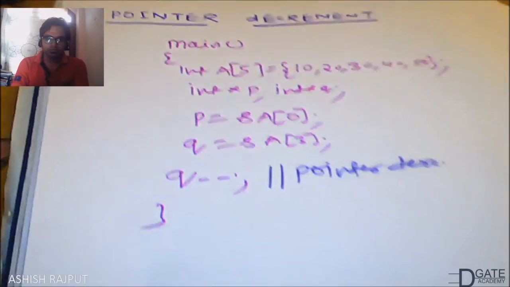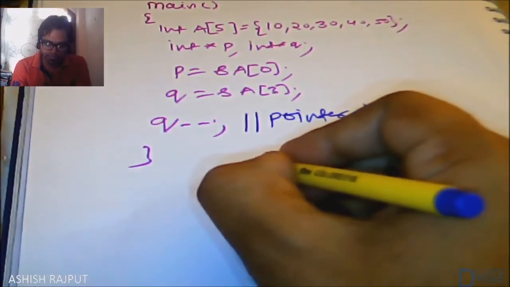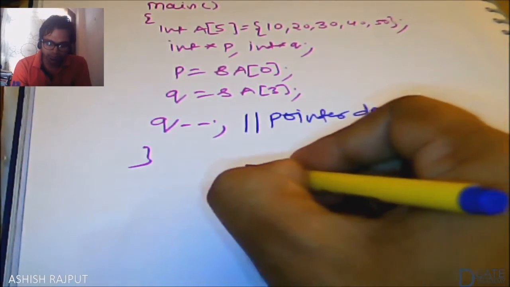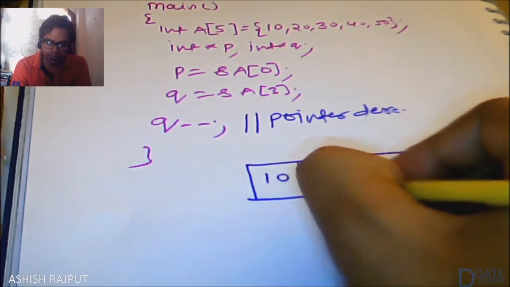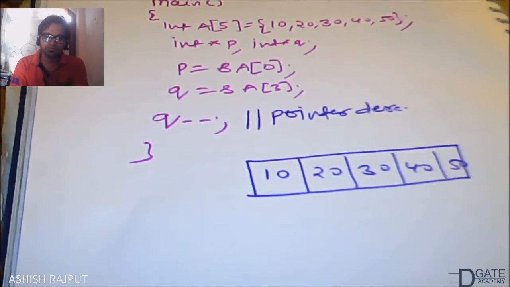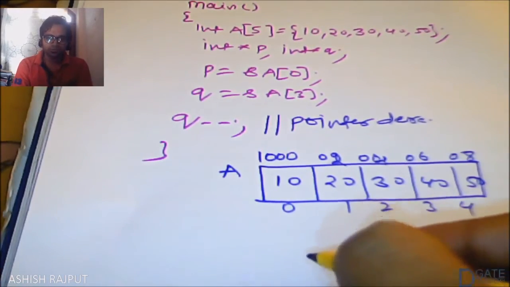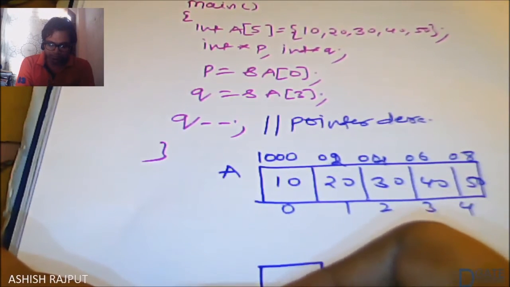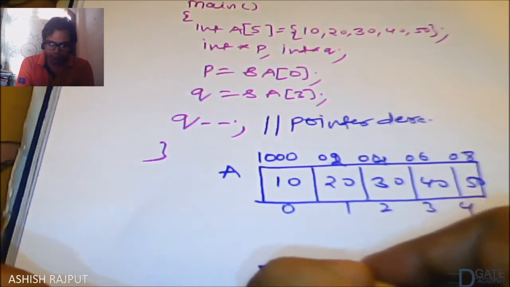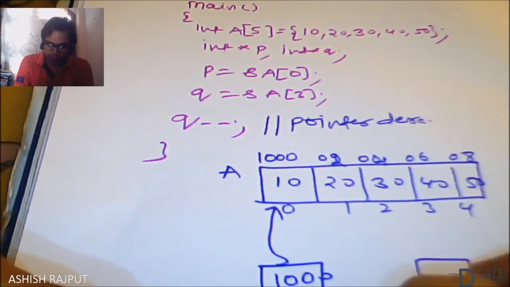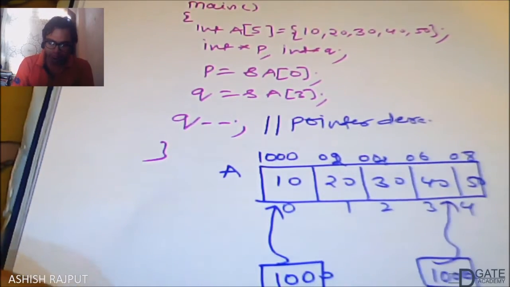In the memory, this is 10, then 20, this is 40, this is 50. If we talk about the location, P is 1000, P is pointing to this, and Q is also pointing to this.